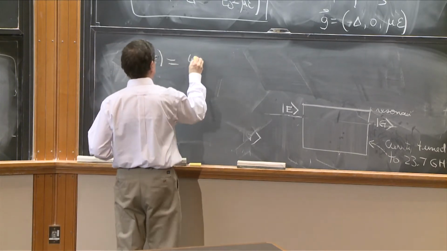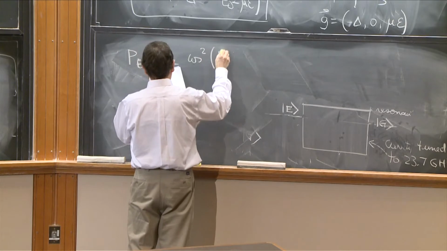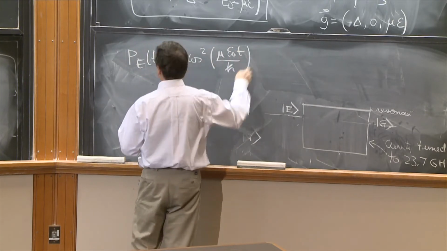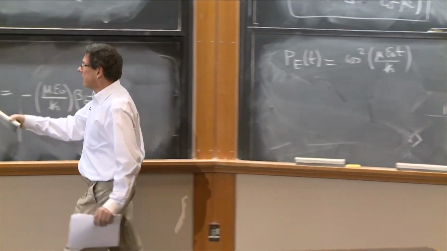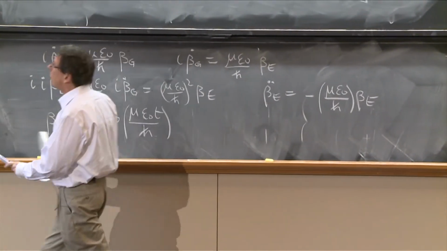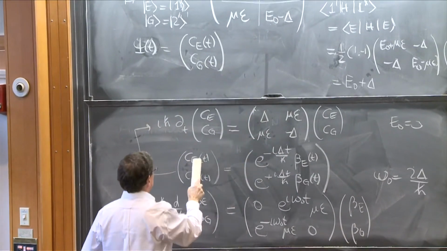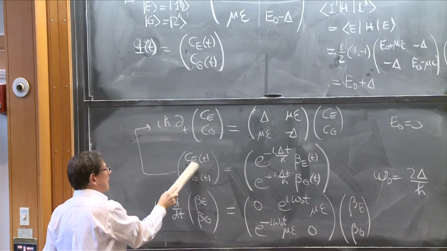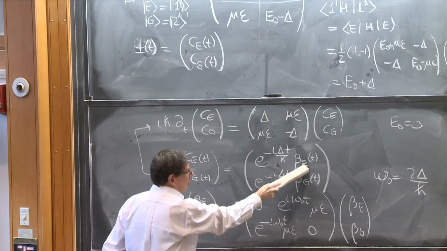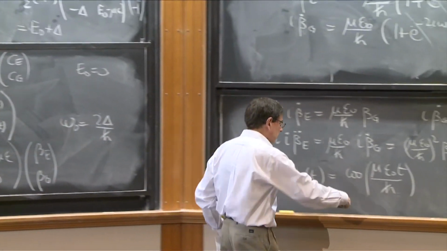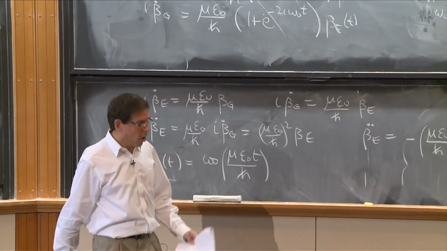So it's cos squared mu E naught t over h bar. Again, I'm sorry, this beta is here, and the probability to be in the excited state is the square of CE, but the square of CE is the square of beta E. So I just square this. So there you go.